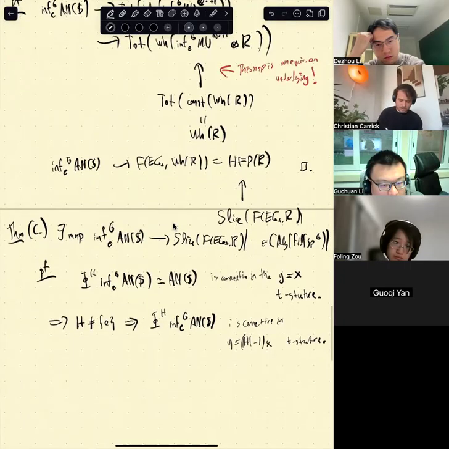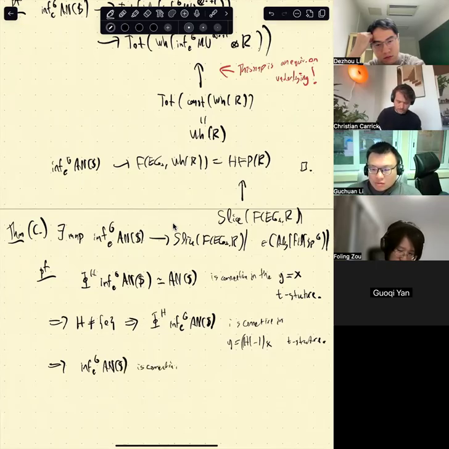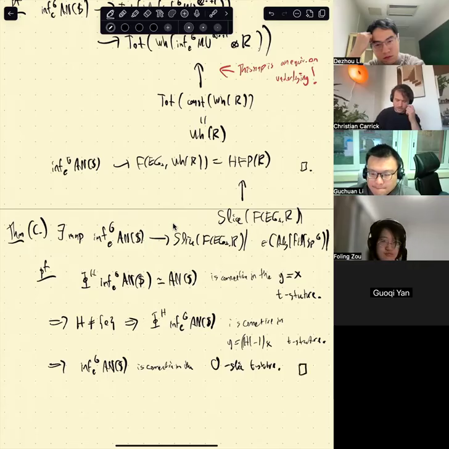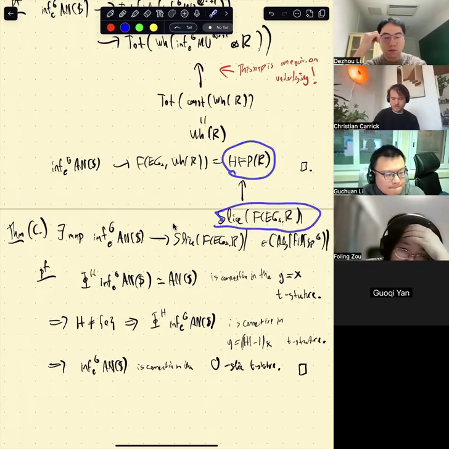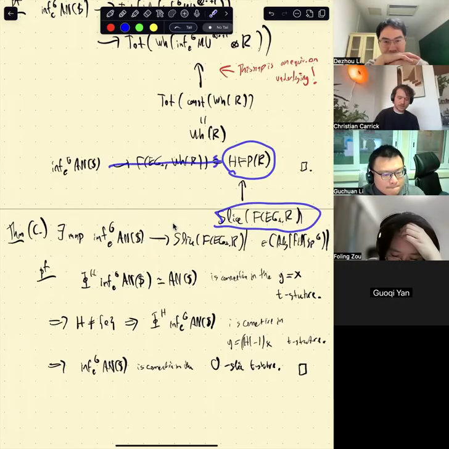Okay, that means by definition that this inflated Adams-Novikov is connective in the O-slice t-structure. Okay, and then we're done because I remarked earlier that the connective cover of this in the O-slice t-structure is this. And I have a map like this already. So I just checked this is connective, so it factors through the connective cover.